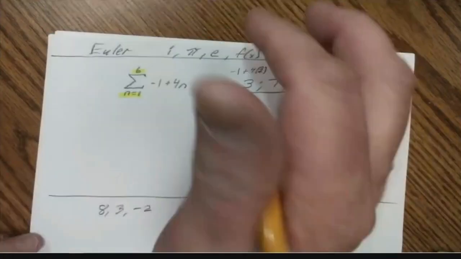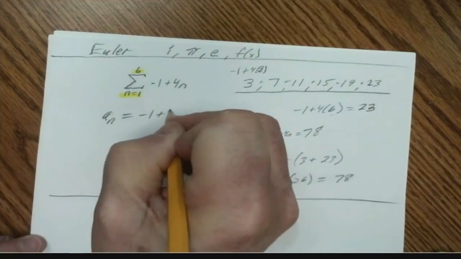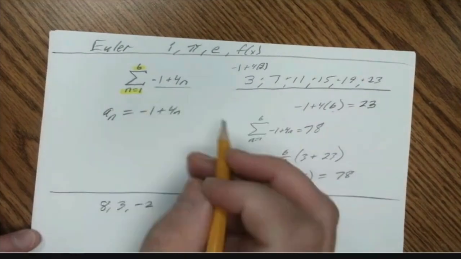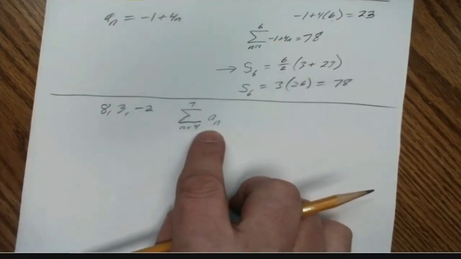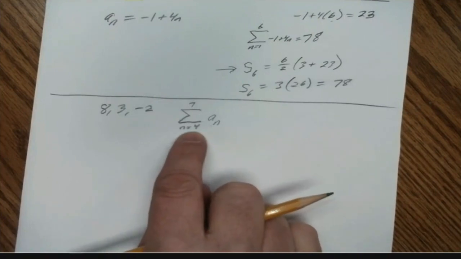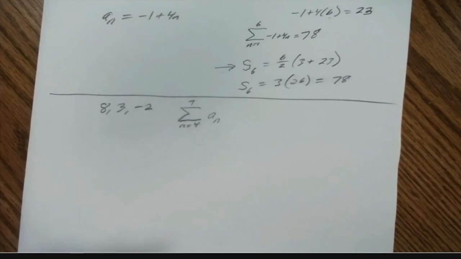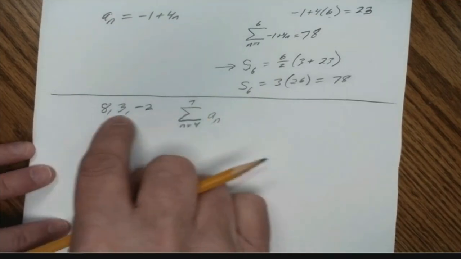For this one, A sub n, the sequence equals -1 plus 4n. That's what A sub n was. This one, they just said, whatever this sequence is, I want you to find the sum of the 4th through 7th terms. Well, of course, the easy way to do this, since it's just the 4th through the 7th, we can just continue this on.